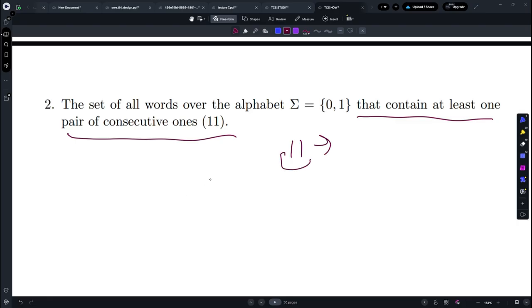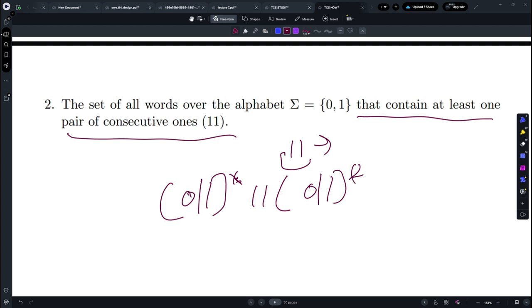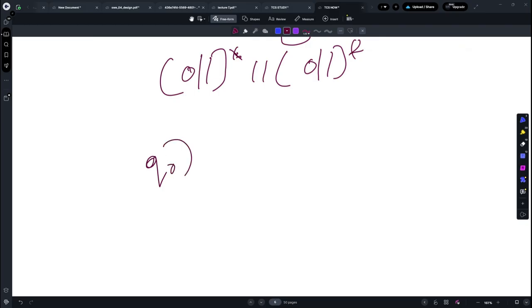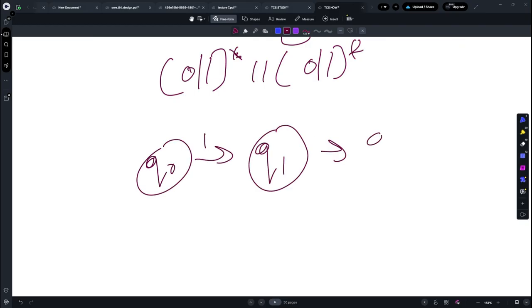So basically 1 1 is included at least one time, meaning that it can start from anything. It doesn't matter. We lock 1 1 in a consecutive way, and then it can have whatever. It doesn't matter. And to make a DFA for it would just basically be so easy, because all it needs to have is a 1 and another 1.